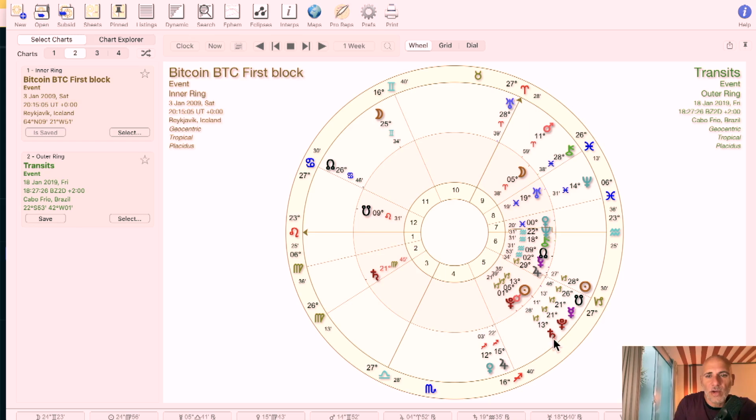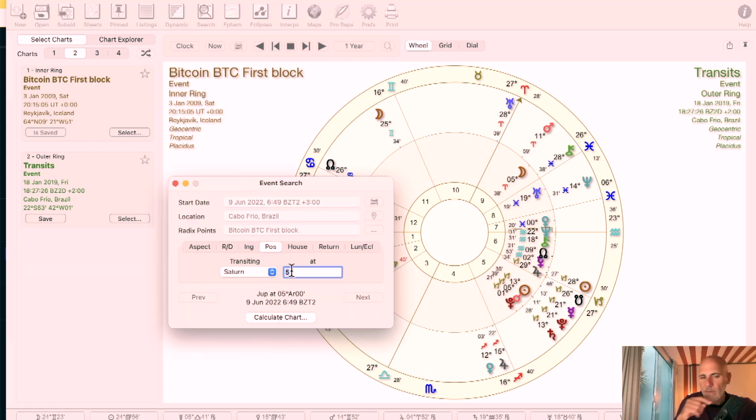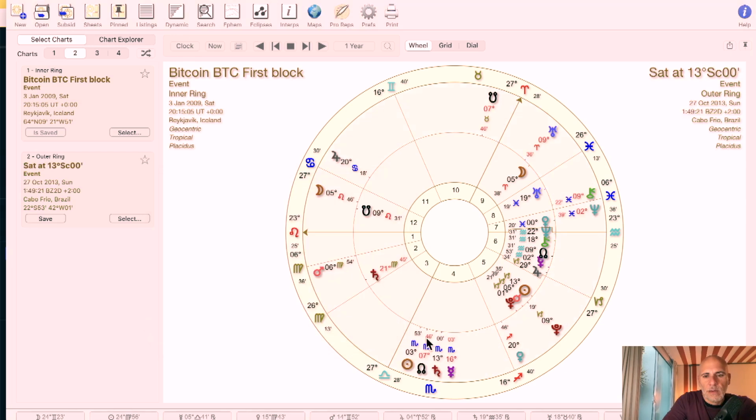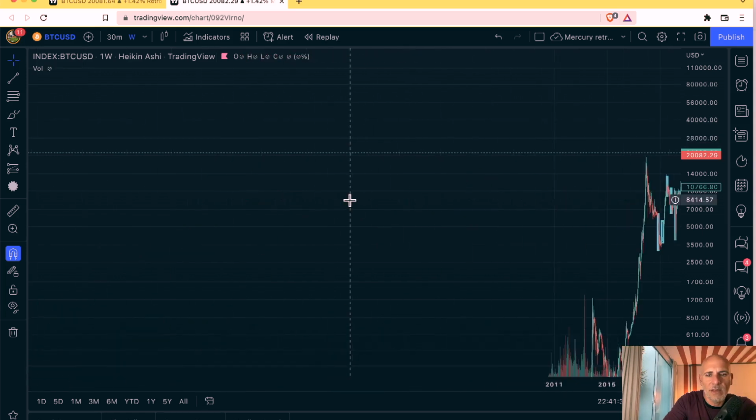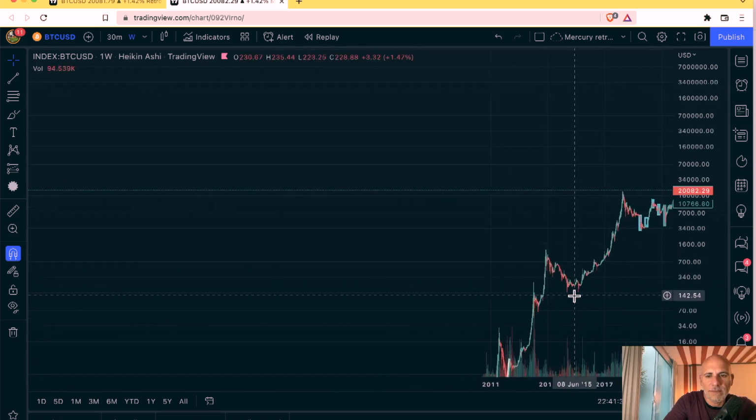And we also could go 2 signs back. Let's do search again. We're going to take Saturn in 13 degrees Scorpio, just putting the number and the letter of the sign, and we can see 13 degrees sextiling the Sun in 2013, on October 27th, 2013.